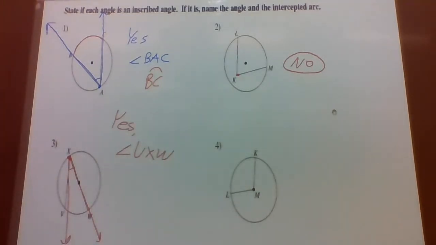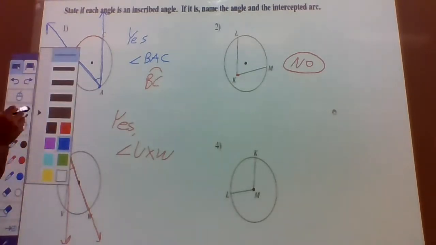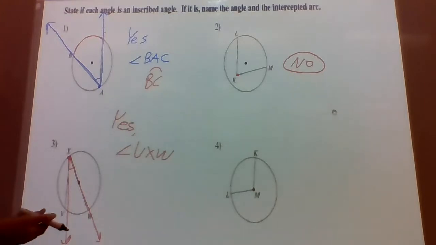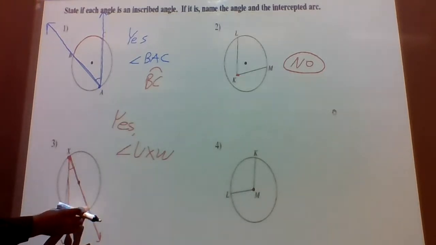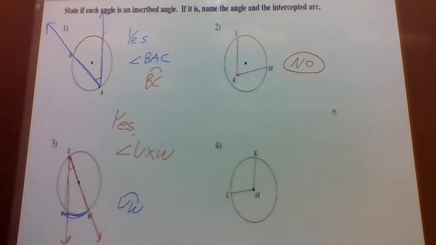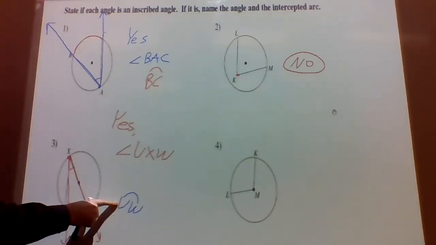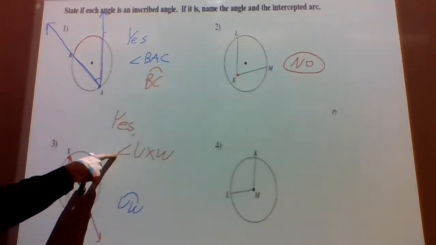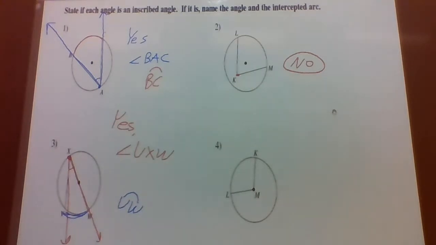And then we want the intercepted arc, the arc formed by the points on the circle that are on the interior of the angle. So in this case, that's arc VW. This is the intercepted arc, and this is the inscribed angle.